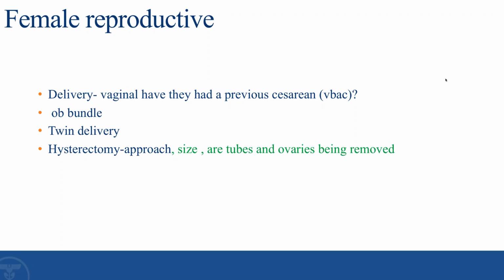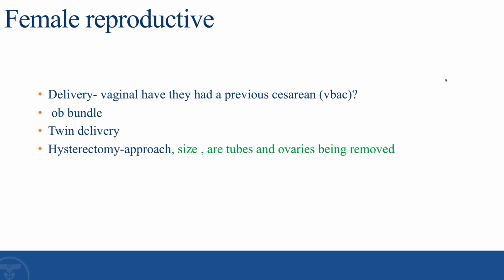And if they say they have a TVH with a salpingo-oophorectomy, you're like, what is that? Salpingo is going to be the tubes. And the oophorectomy, I always think of the two O's. That is going to be your ovaries.